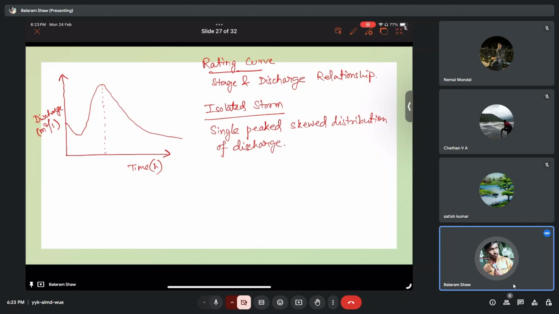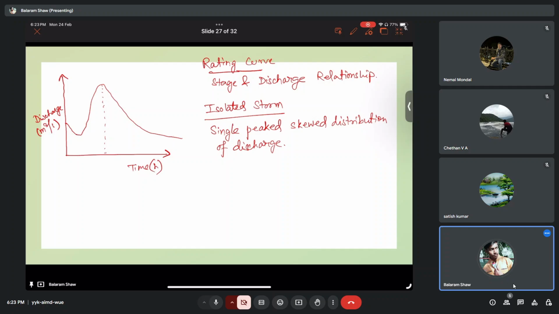It can be 3 or 4 different storms with different rainfall happening, and in that case also we can create a hydrograph. The hydrograph is very important in understanding the dynamics of the river system, how the river system works. We'll also study what a unit hydrograph is, and how the duration and intensity of rainfall affect the river dynamics. So the hydrograph is very useful.